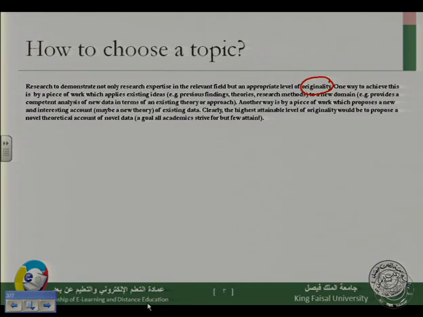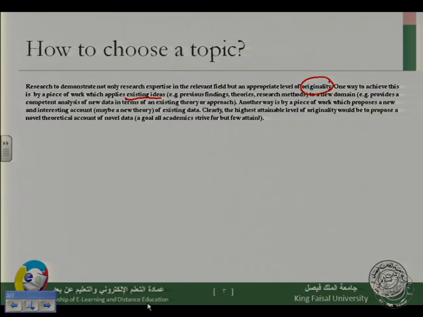No. Sometimes being original in your research means just a little difference from others. So we said we are going to apply existing data or ideas, previous findings, theories, research methods, to a new domain, to a new context.